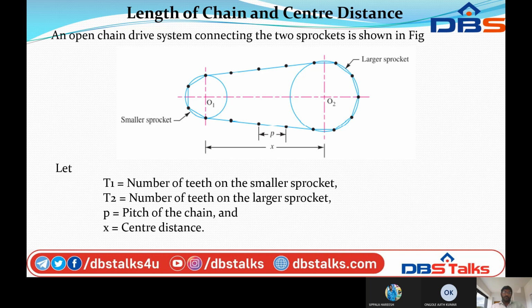So let T1 be the number of teeth in the small sprocket, T2 the number of teeth in the large sprocket, P the pitch of the chain, and X the center distance between O1 and O2.